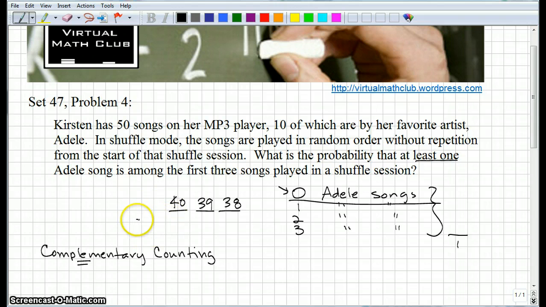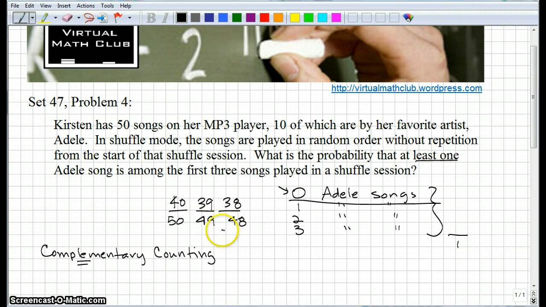And then we need to look at the total number of ways that these songs could come up. If we weren't worried about restrictions, we'd have 50 songs to choose from for the first song, then 49, and then 48 songs.